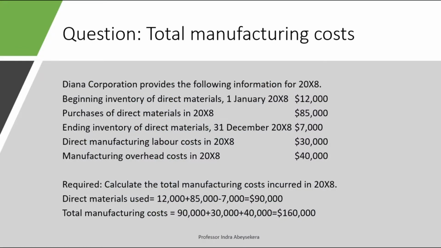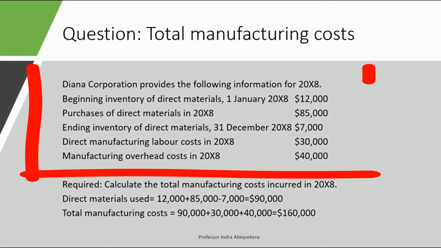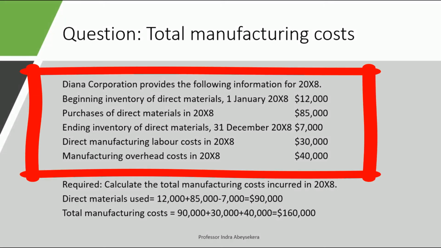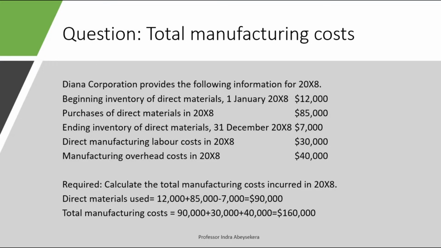Let's look at how we compute total manufacturing costs. So there's beginning inventory, purchases, ending inventory. Then there's direct manufacturing labor costs, and there's manufacturing overhead costs.